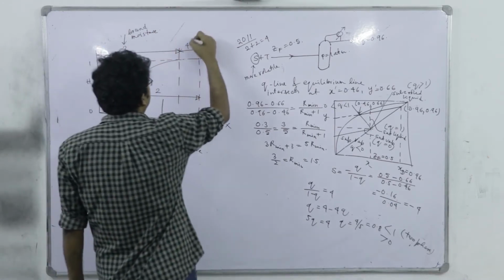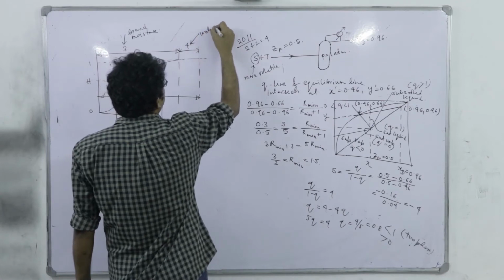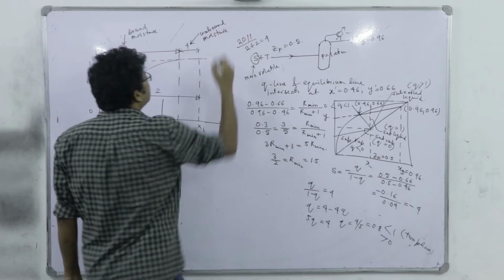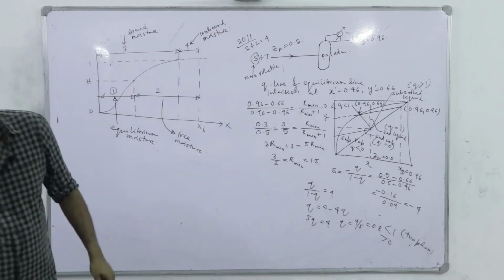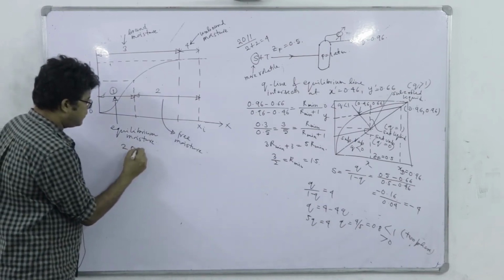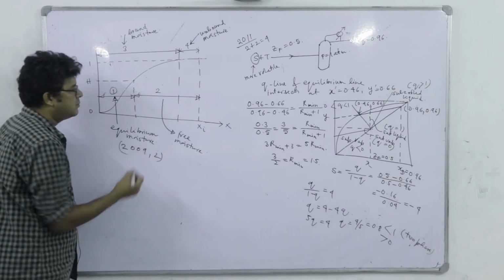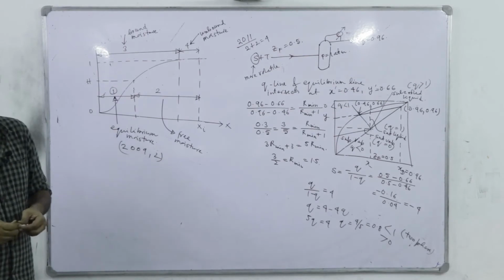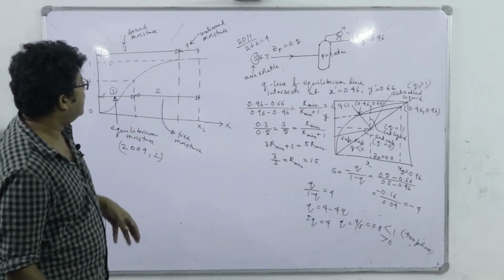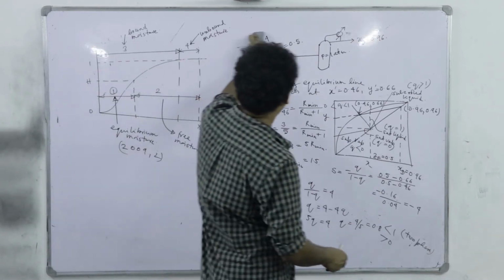So 4 is the unbound moisture. So that was the 2 marks problem, from 2009. Simple identification of all the different moisture components.